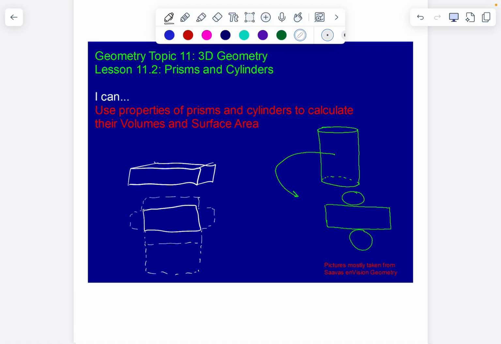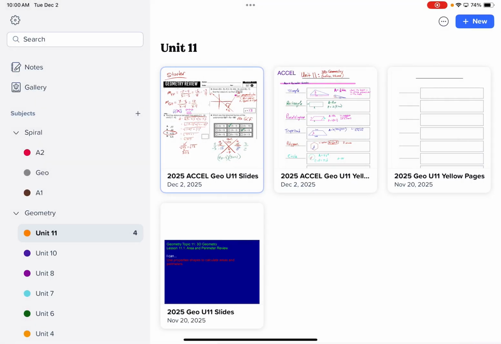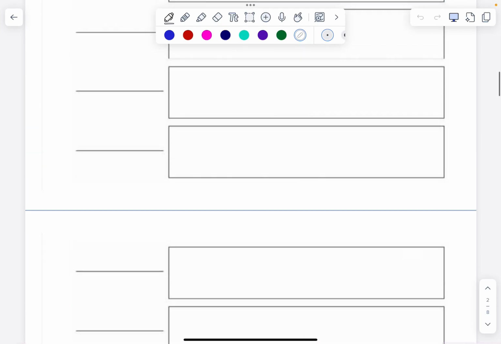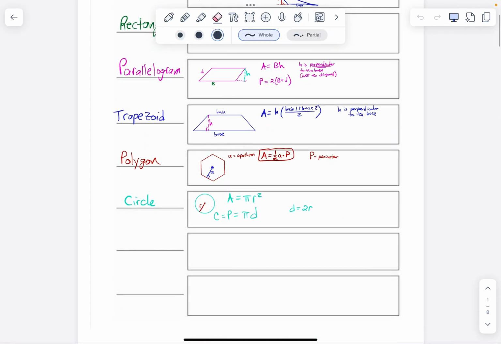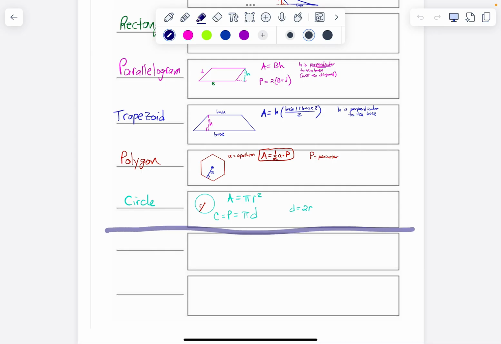So you can see that the second section of this unit is prisms and cylinders. I suppose we should define each of those things, as well as surface area in general, now that we have this review of some formulas. Do you guys feel good to move on with area?